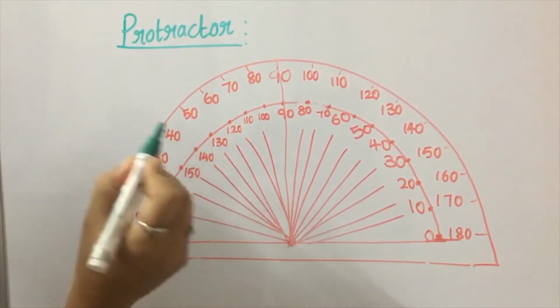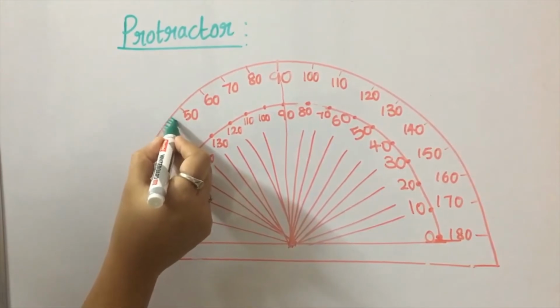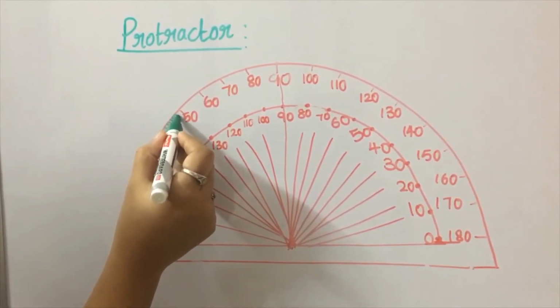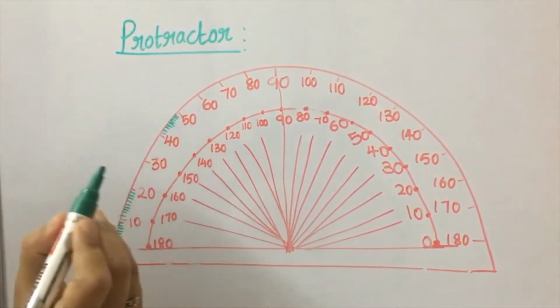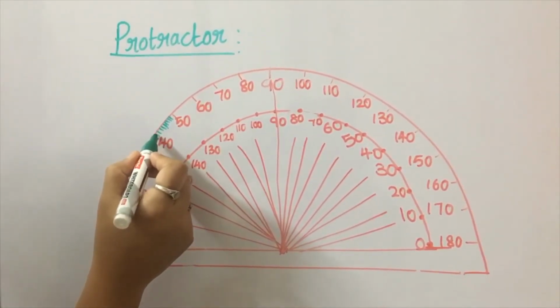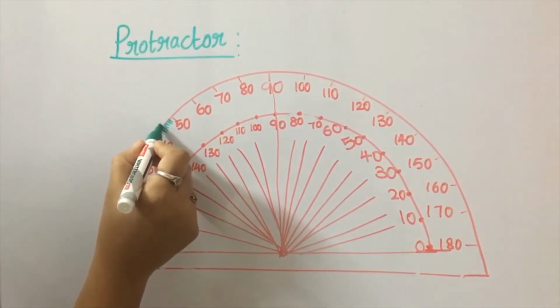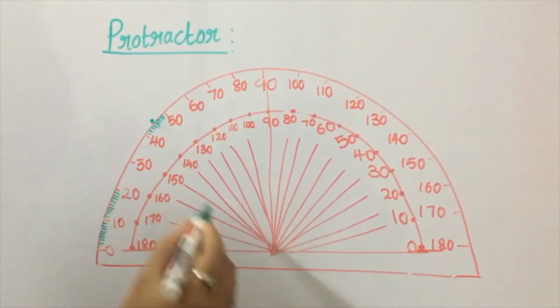If it is 45, you will mark at 41, 42, 43, 44, 45. When you want to mark the angle 45 degree, you will mark the point here and you will join the line.